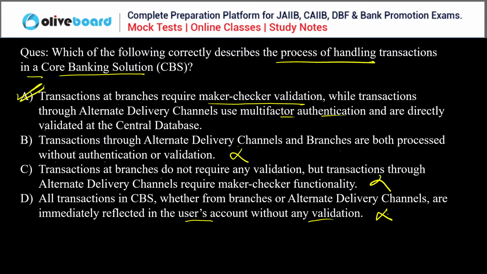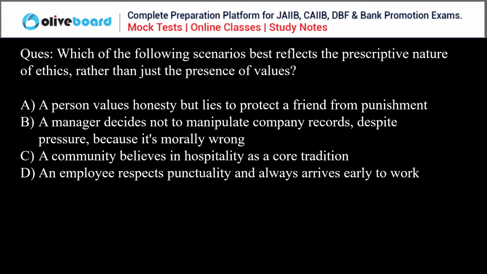Everyone done? Good. Now, next question. Which of the following scenarios best reflects the prescriptive nature of ethics rather than just the presence of value? A: A person values honesty but lies to protect a friend from punishment. B: A manager decides not to manipulate the company's records despite pressure because it is morally wrong.